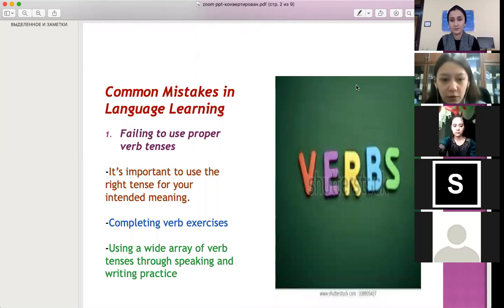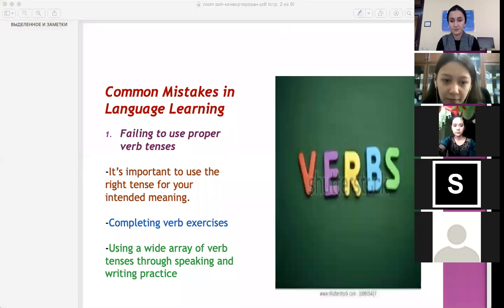They tend to use wrong tenses, and they also miss the verbs. Using a wide array of verb tenses through speaking and writing practice helps. So I suppose that using the proper tenses helps practicing speaking and writing.